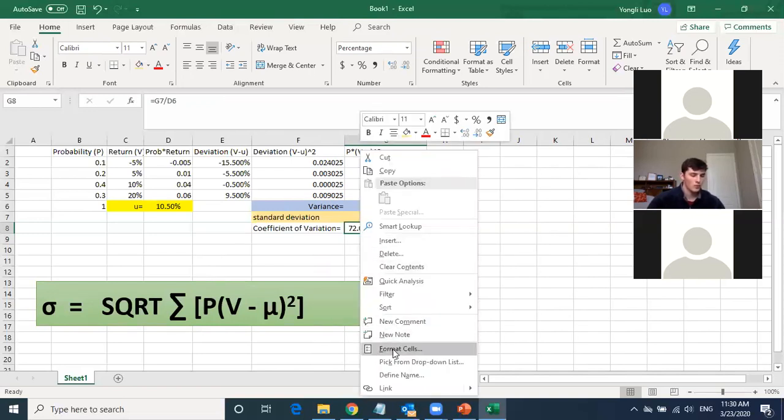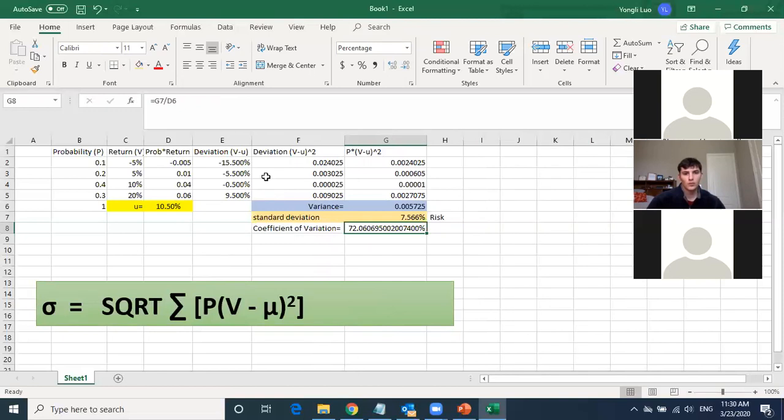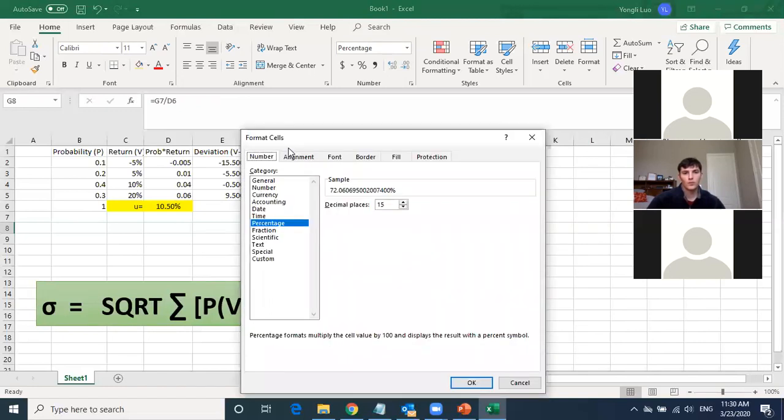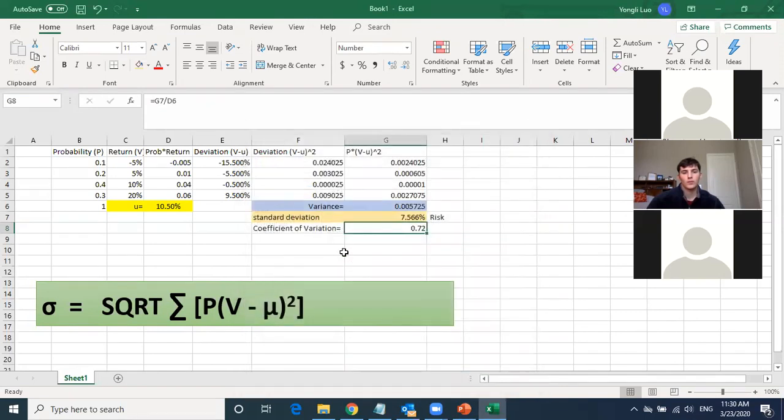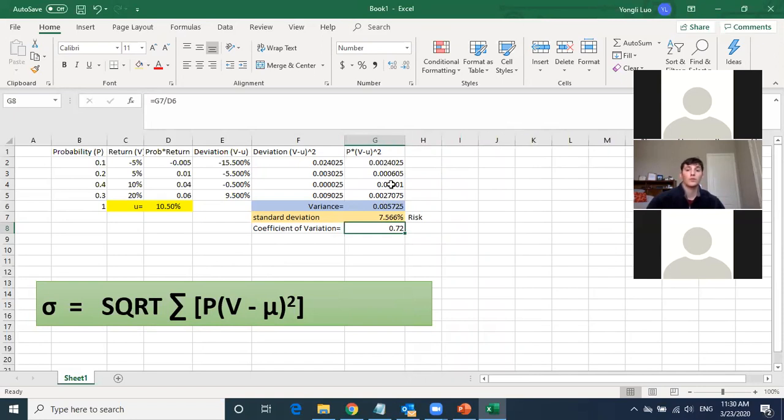So we format this like a number with 2 decimals. Okay, so for this stock, the coefficient of variation is 0.72. The lower the coefficient, the better.